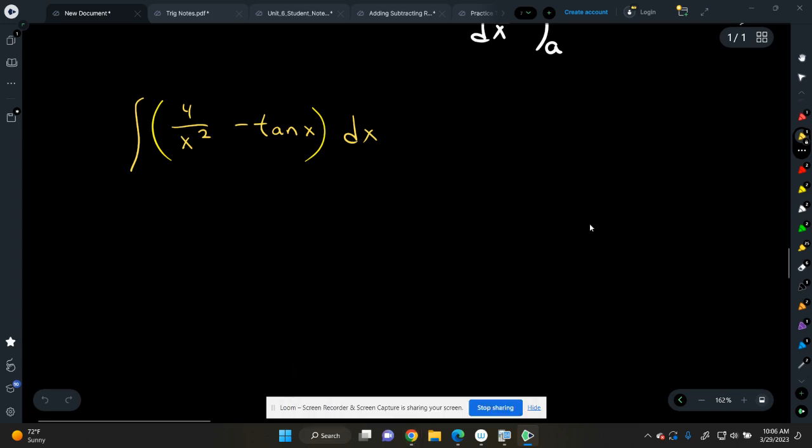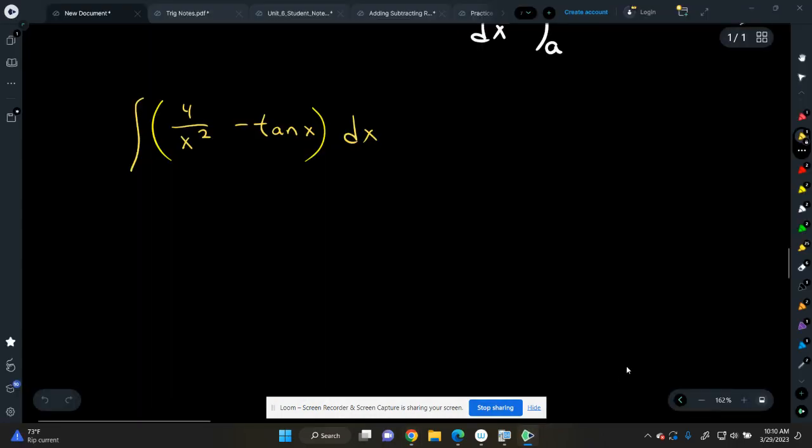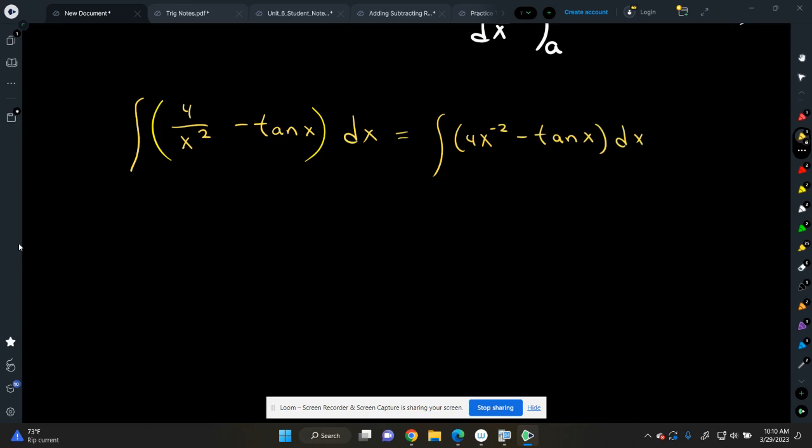Because you don't know the integral of tangent. Yes. So I'm going to rewrite this first as 4x to the negative second minus tangent x dx. Let's take the integral of 4x to the negative second. Add 1 to the exponent, so that becomes negative 1, and divide by negative 1. Minus, now what was the integral of tangent?